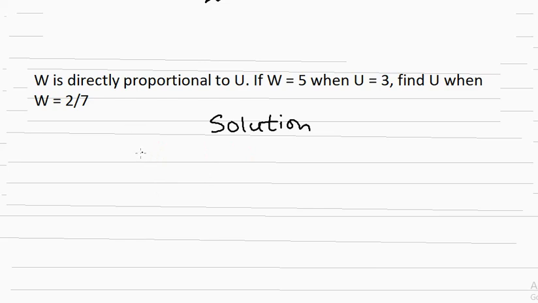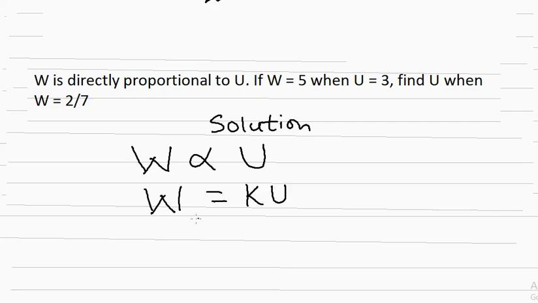That is not X. W is directly proportional to U. That simply means that W is equal to KU, and that means that my K is going to be equal to W all over U. I have to put the initial value. W is 5, and at that point, U is 3. So K is 5 all over 3.